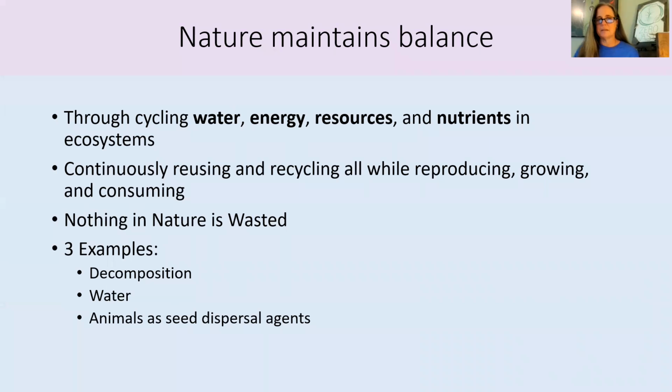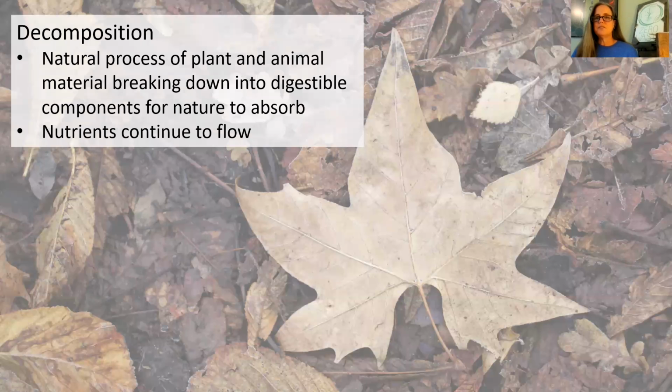And we have three examples: decomposition, the water cycle, and seed dispersal with animals. So first thing is decomposition. In nature, plants decompose, and when they do that, they break down into smaller pieces, and the nutrients just get reabsorbed into the soil. And that's how the nutrients continuously flow.